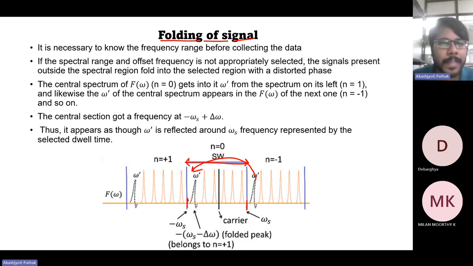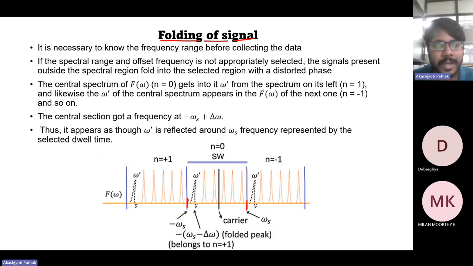Okay, so the central spectrum of F(omega), n equal to 0, gets omega dash from the spectrum on its left. So for example, follow this figure. There is an omega dash frequency on the left of the spectral width.